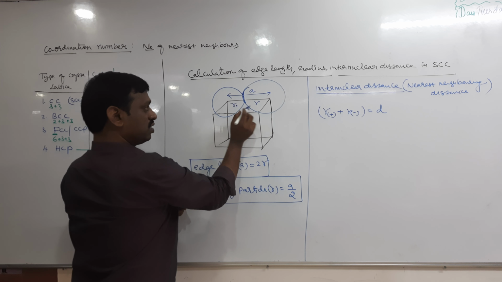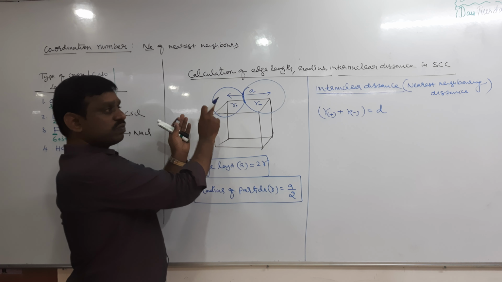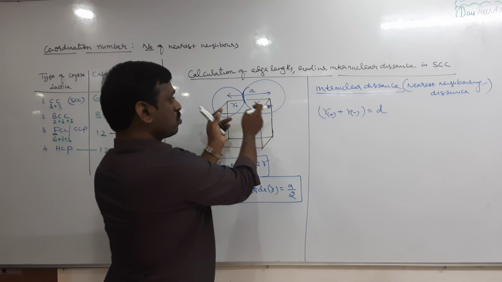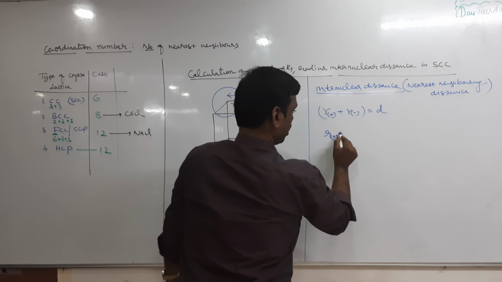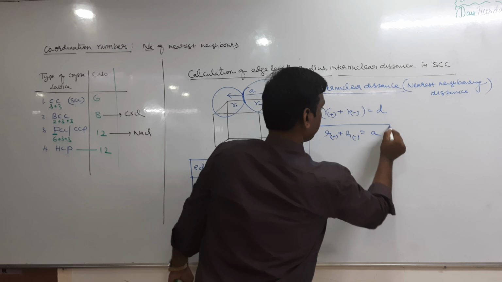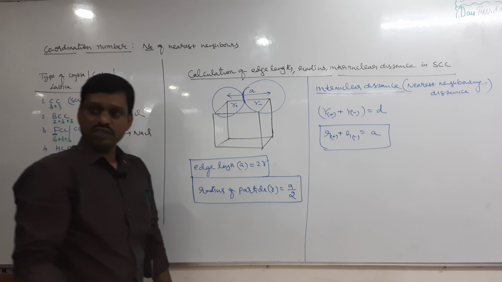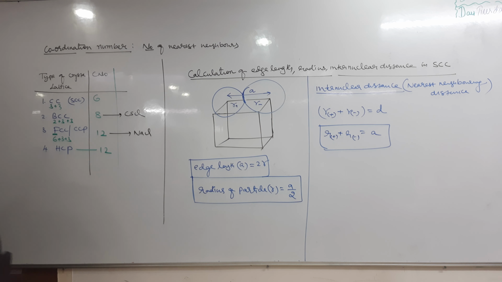It is r plus, r minus. So the distance here, r plus r minus, is equal to A. That's it. Internuclear distance is A.